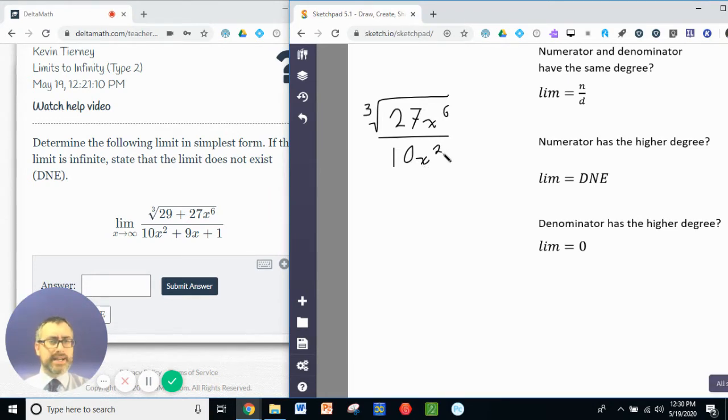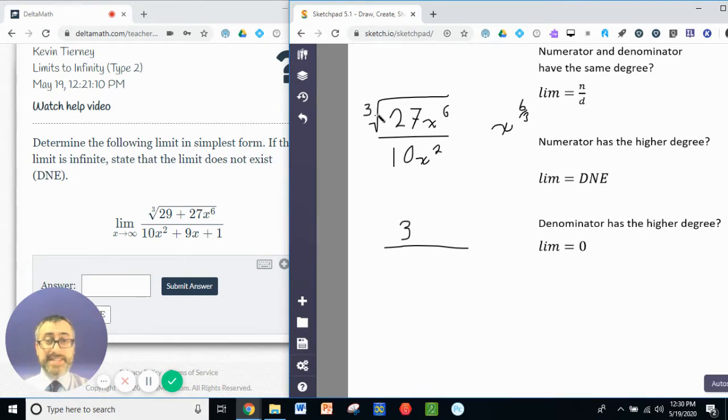Okay, I should simplify this a little bit so it's easier to read. Cube root of 27x to the sixth. Well, the cube root of 27 is just 3. Cube root of x to the sixth, now doesn't that just mean x to the 6 divided by 3?